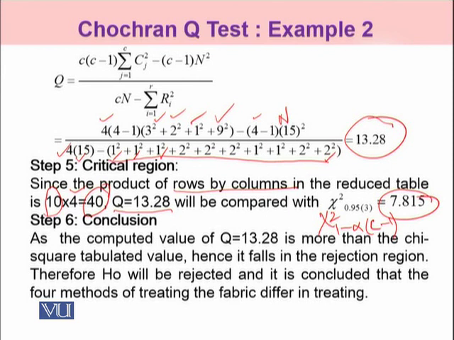And in the critical region, students, you will assume that if your value of Q is greater than or equal to chi-square 1 minus alpha with c minus 1 degrees of freedom, then you will reject your null hypothesis.